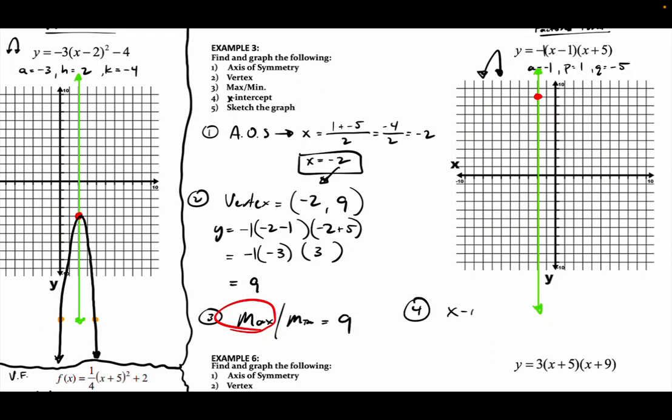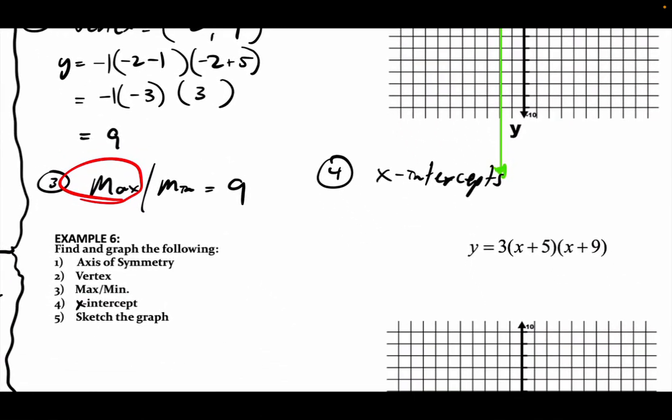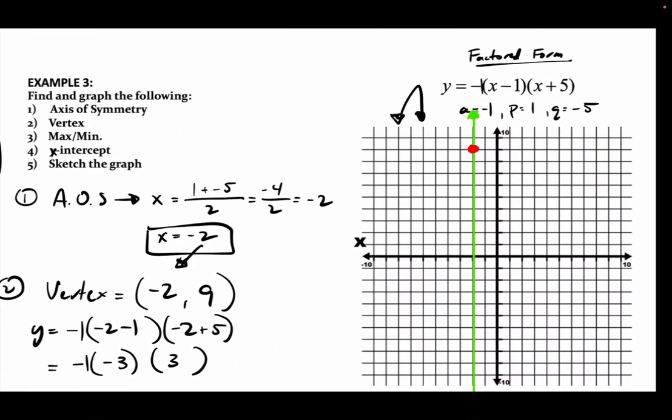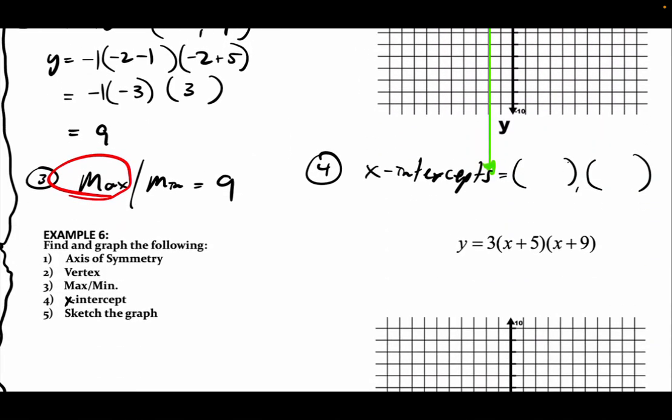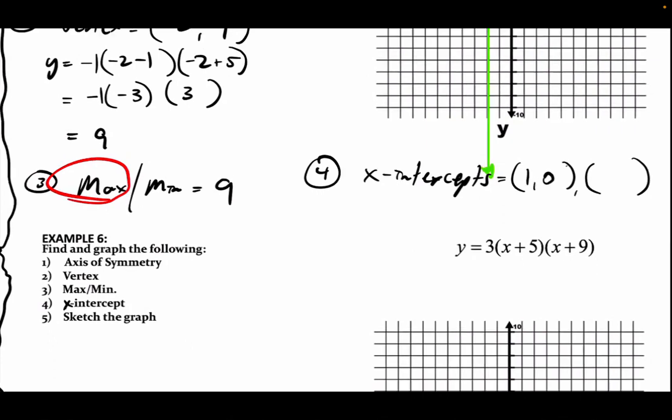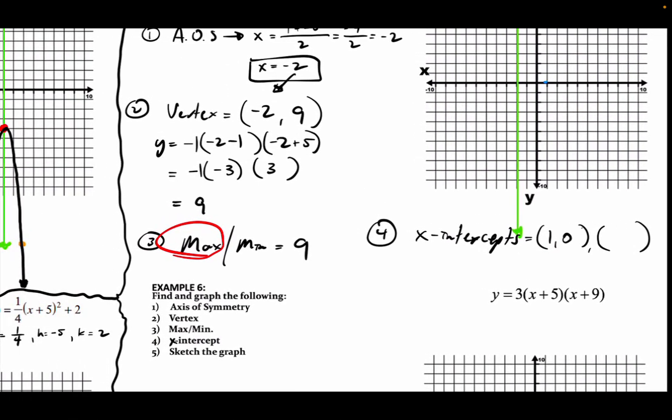Okay, so x-intercepts. So x-intercepts are p comma 0, q comma 0. So for this guy, p was 1, so I'm going to go 1, 0. That's right there. Negative 5 comma 0.